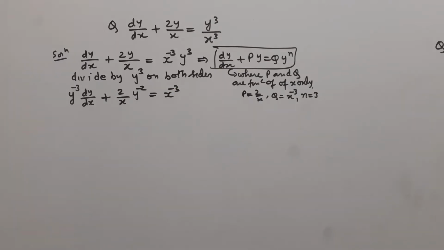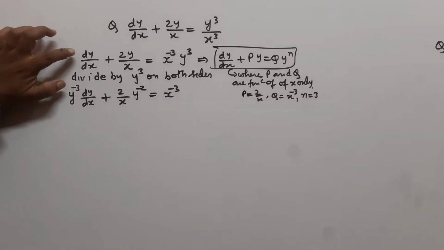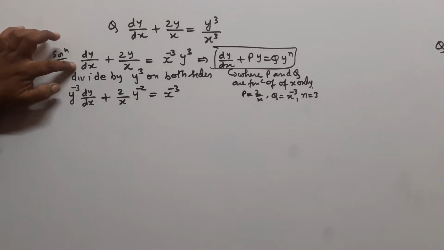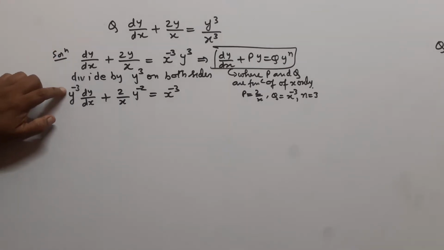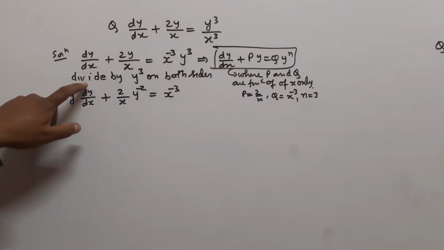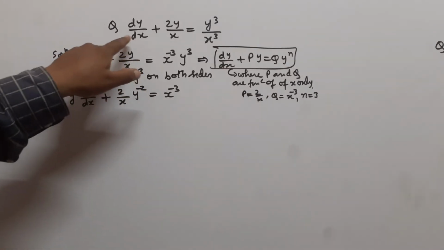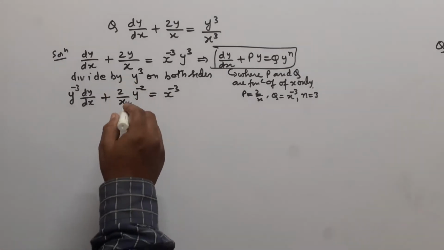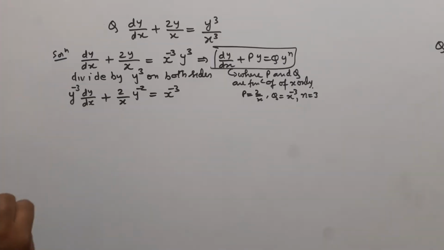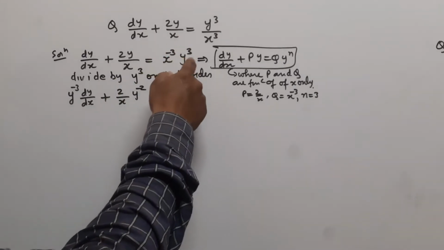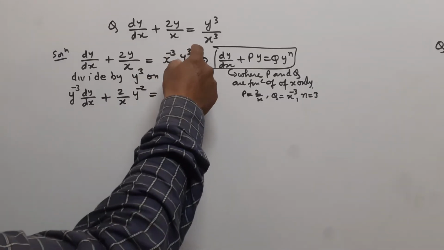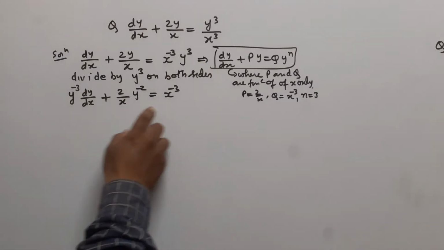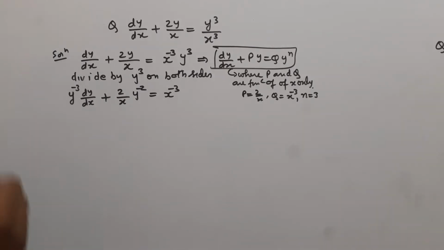Here we divide the whole equation by y cubed. When we take it in the numerator, the power will be negative, so this is y^(-3) dy/dx. When we divide this term by y cubed, the power of y is 2, and taking it in the numerator it becomes y^(-2). Similarly, on the right side, y cubed is cancelled out, so this becomes this.